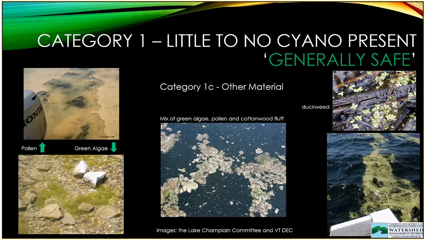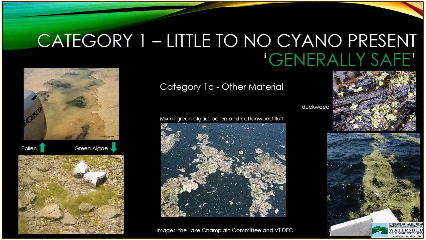The middle picture shows an accumulation of detritus, for lack of a better word. There's a bunch of stuff that's fallen into the water. Wind and waves have combined to push it together in masses that are floating at the surface. In the lower left of that middle photograph, you can see green, that is filamentous green algae. There's kind of a brown color, which is just general plant material, but the whitish material is primarily cottonwood fluff.